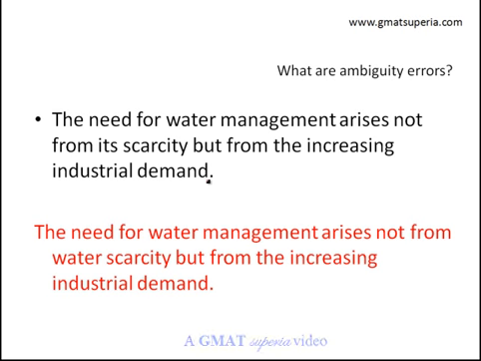If you're preparing for sentence correction, you have already learned how to identify the subject, the verb, and things like that, which is the very basic thing that you have to do when you study a sentence. Here, we are referring to the need for, let's say, water management. So the subject of the sentence is need, and then we have the verb arises. The need arises. So we have singular subject need and arises singular verb.